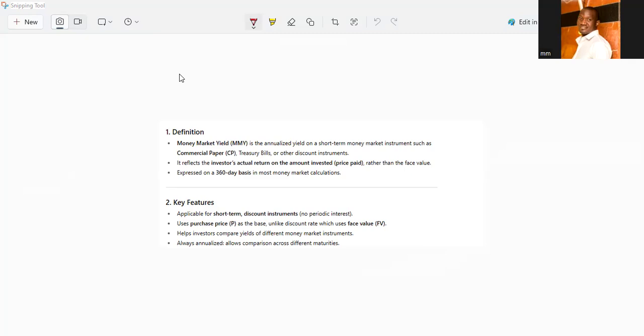It includes instruments like the commercial paper and the treasury bills and other discounting securities. The money market yield represents the investor's actual return on the price paid for the instrument rather than on the par value. We denote it by MMY.